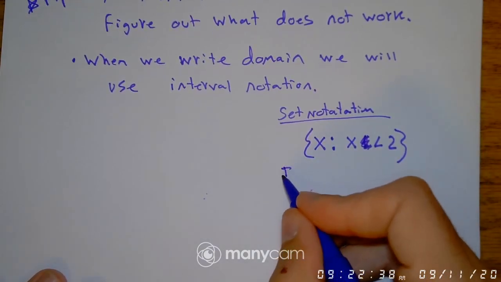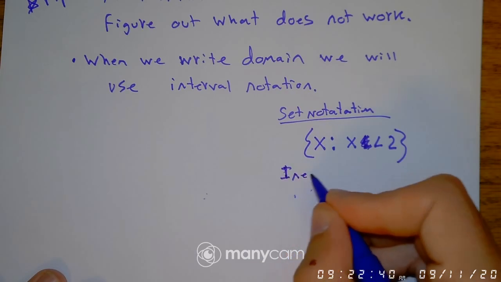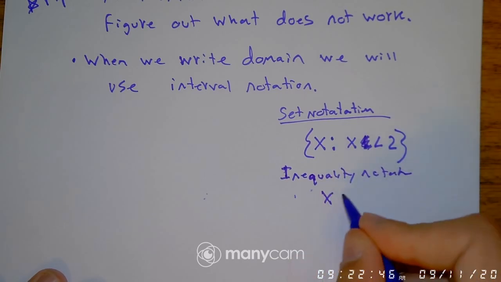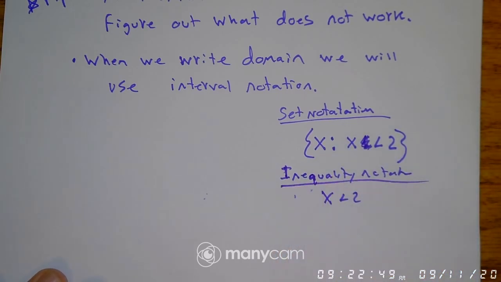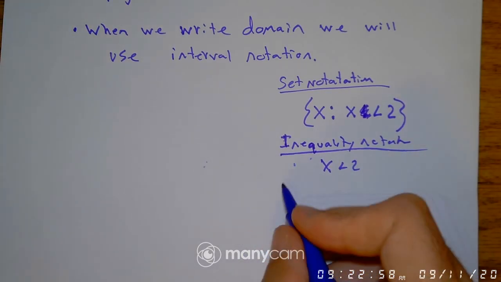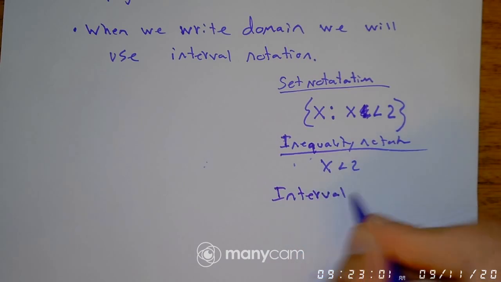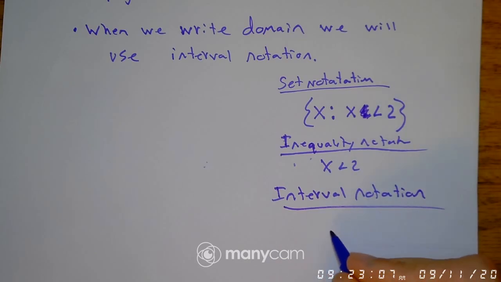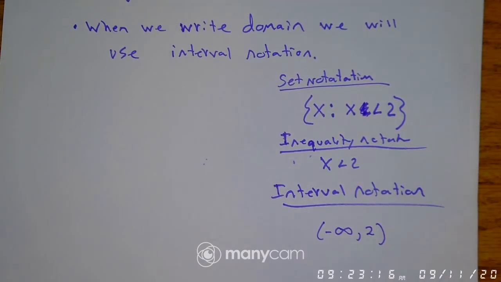And then interval would be x is less than 2. And then we're going to learn about interval notation today. Okay? So interval notation would be, so those are the three notations saying the same thing.